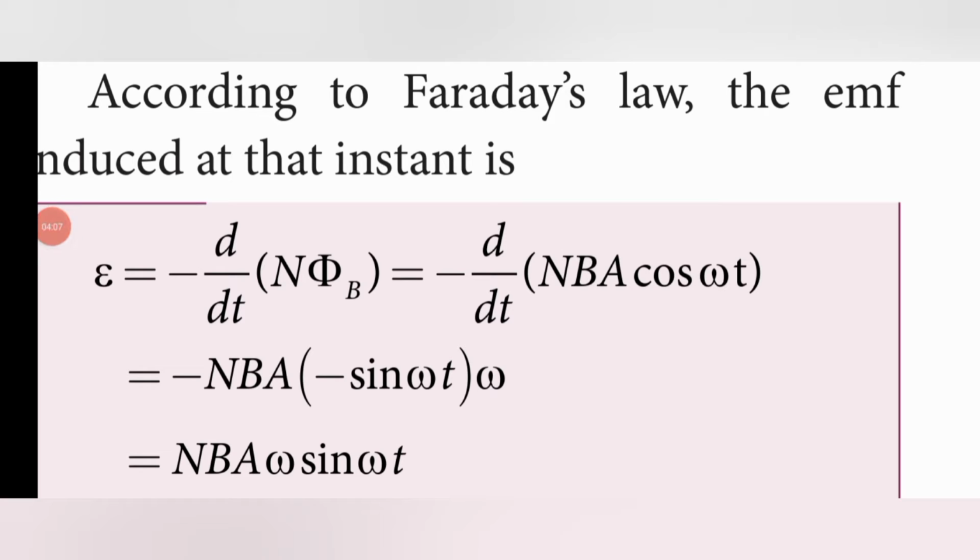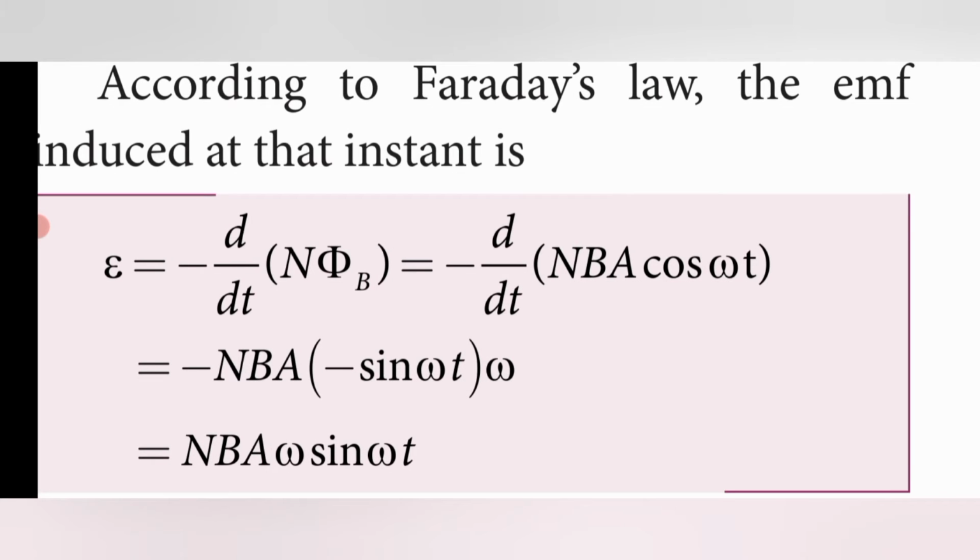Now according to Faraday's law, the EMF induced at that instant is epsilon equals minus d phi by dt, the general formula. Here we take minus d N phi B by dt. Substituting the value of phi B, we get minus d N BA cos omega t divided by dt. Taking the constant values outside, minus N BA and inside d cos omega t by dt.